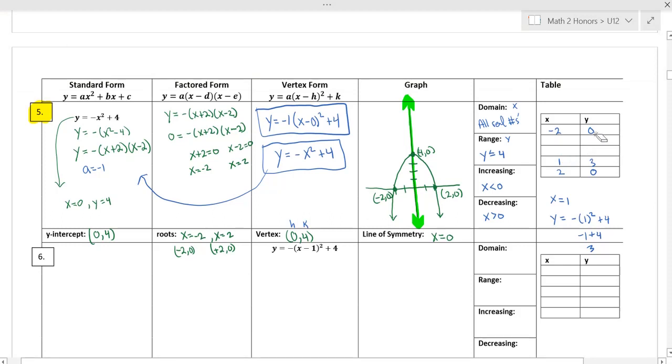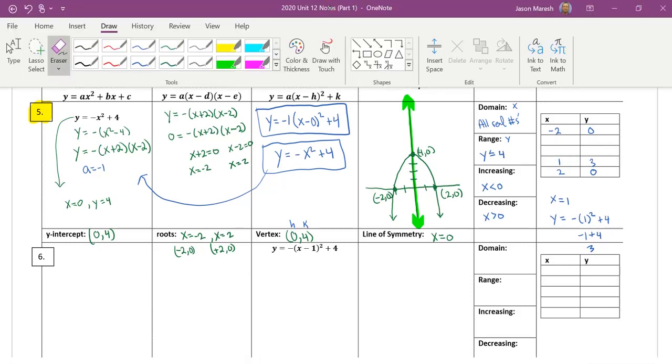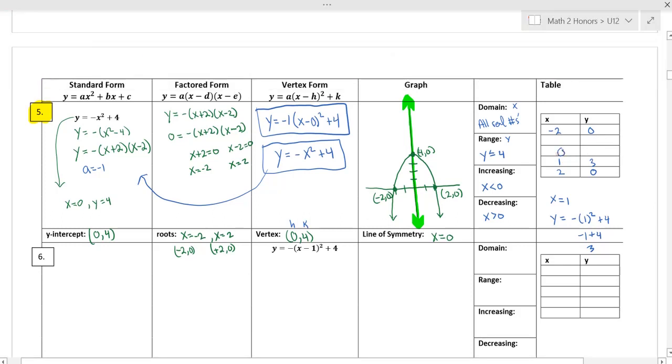It should be 0, 4. Sorry. Alright, so I'm going to plot 1, 3 right there. Label it. Use symmetry to quickly get the other point on the other side, same height. And then the x value is the same distance from the center as the first x value, so -1, 3. And we finished and completed that table.